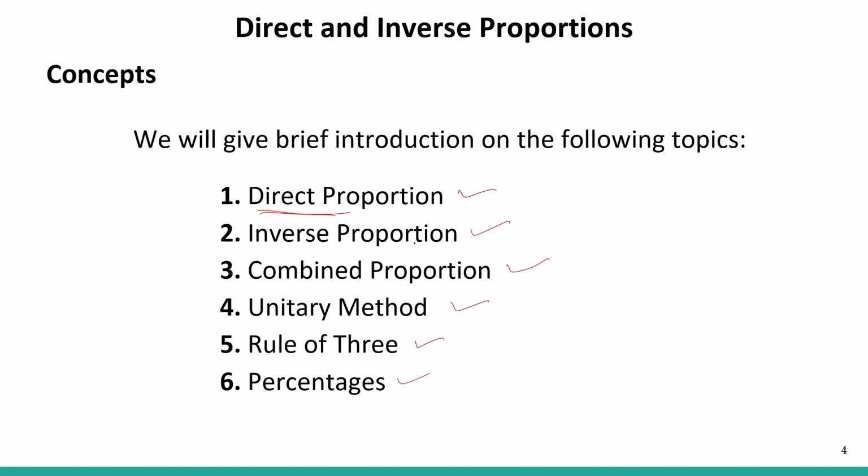When we talk about inverse proportion, we have to discuss the difference between direct and inverse proportion. We will see what combined proportion is and how it is different from direct and inverse proportion. We will also see the unitary method, the rule of 3, and the role of percentages in direct and inverse proportions. So let's go forward.